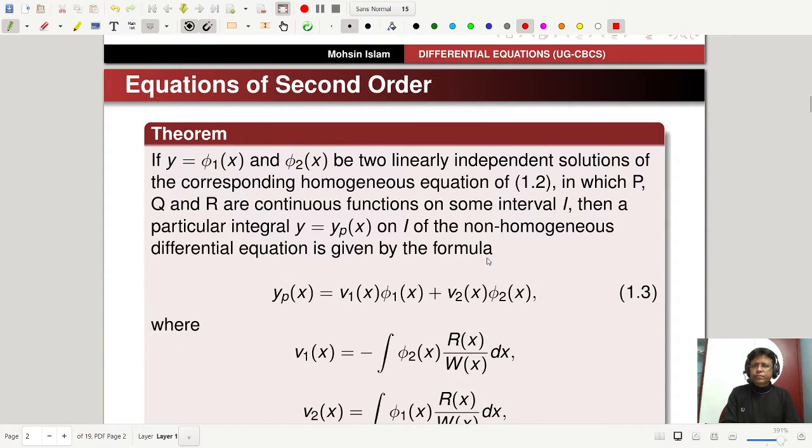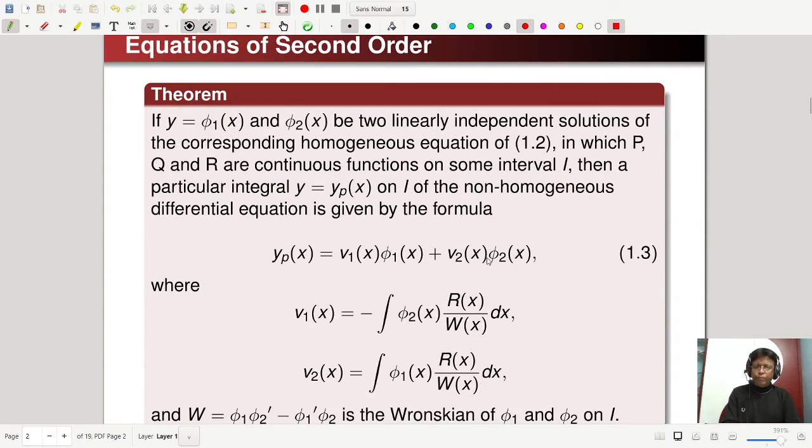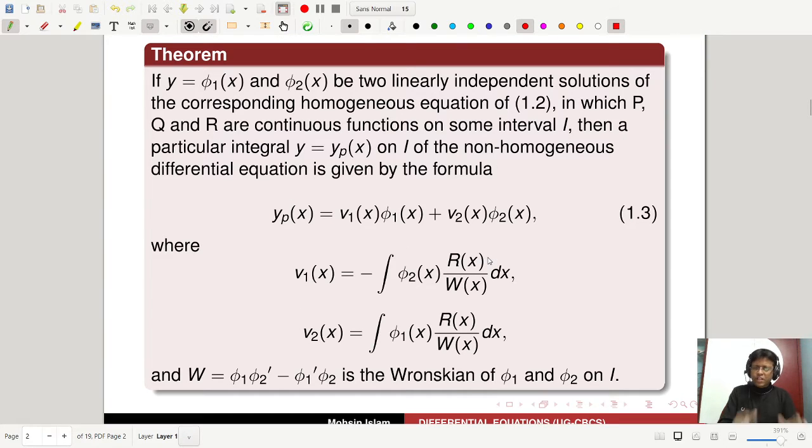Now, let me state one theorem for you. This theorem is very, very important. That will give you the method actually, and I will give you the proof of this theorem also. So, just start with the theorem.